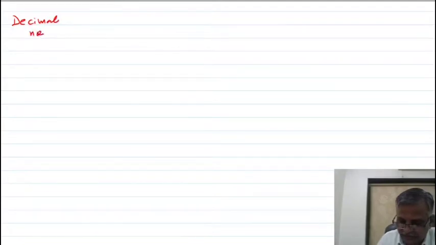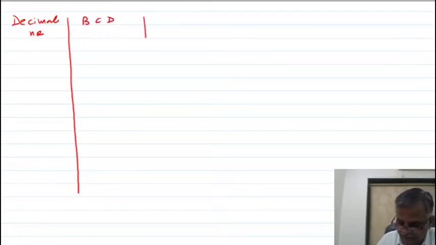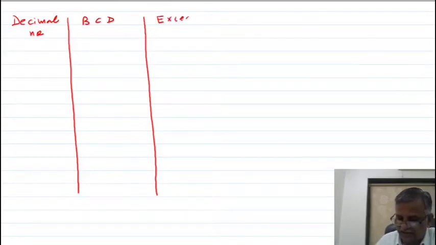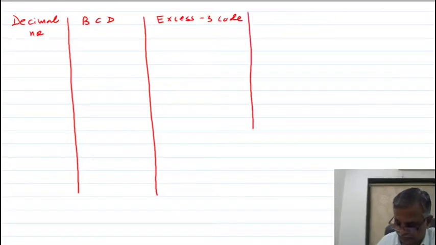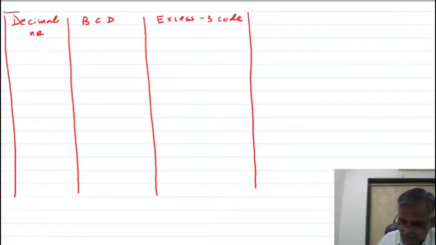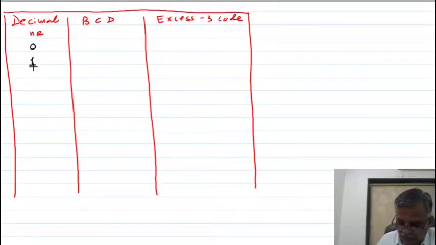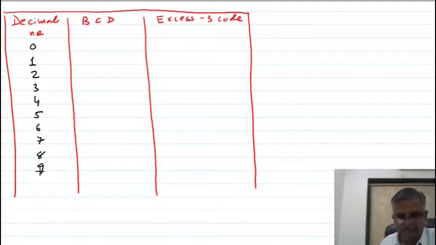Decimal number, its corresponding BCD number, its corresponding XS3 code. Zero, 1, 2, 3, 4, 5, 6, 7, 8, 9.